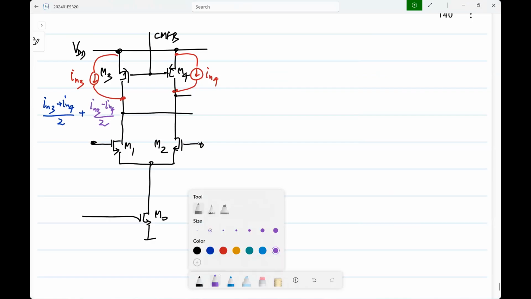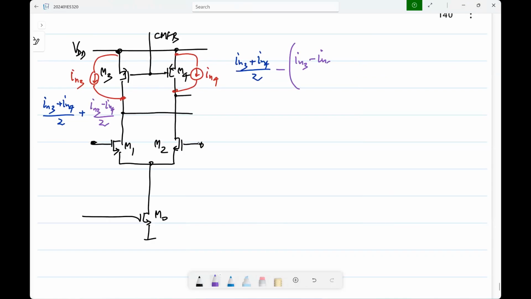Similarly, on the other side, this will be IN3 plus IN4 by 2 minus IN3 minus IN4 divided by 2. Okay.